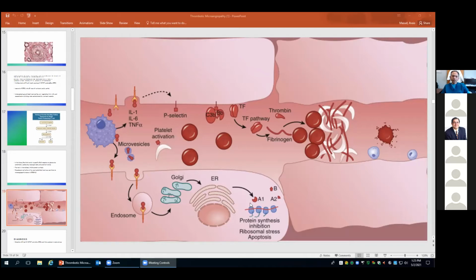They interact and inhibit the synthesis of protein. That's why cell death occurs. At the same time, it activates other pathways, such as complement activation, which can lead to thrombin and thrombus formation. That can lead to microthrombi and occlusion of the arterioles and capillaries.